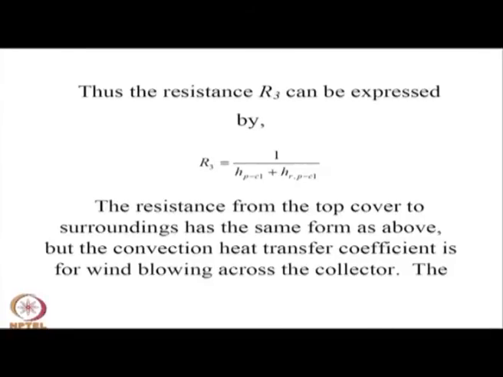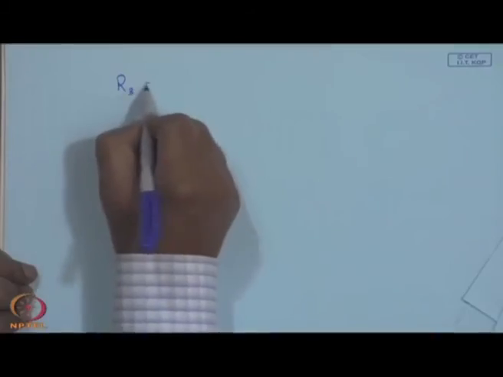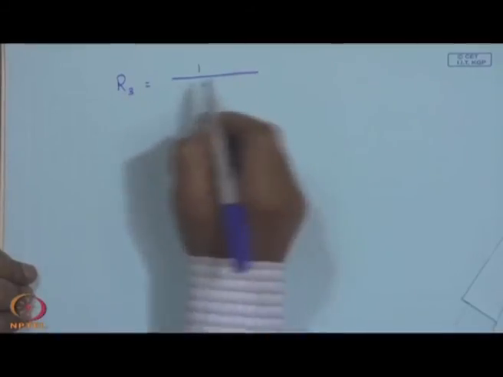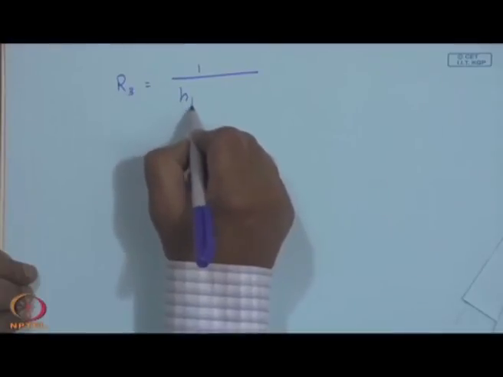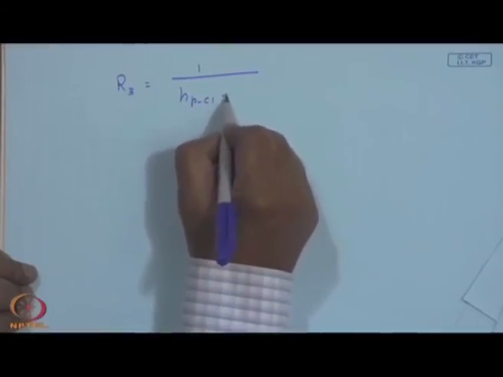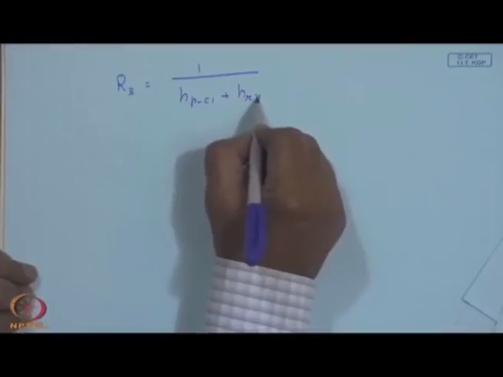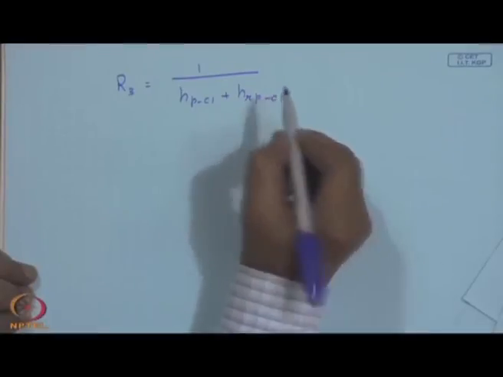So, now my resistance R 3 is given by 1 upon the summation of the conductances H P C 1 plus H R P C 1.